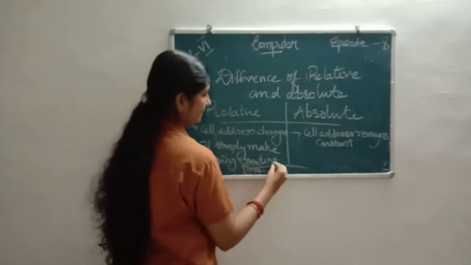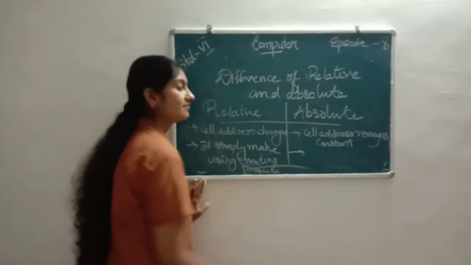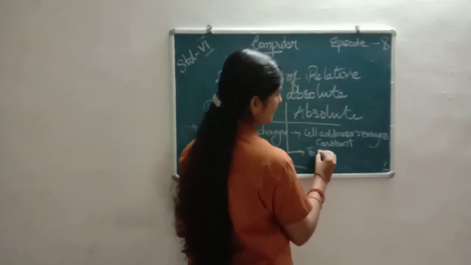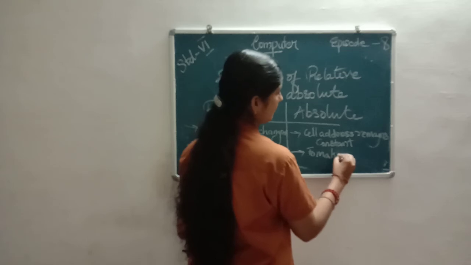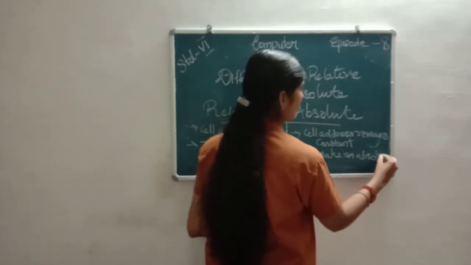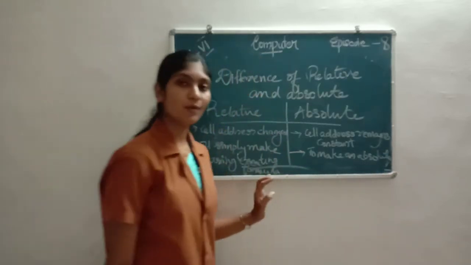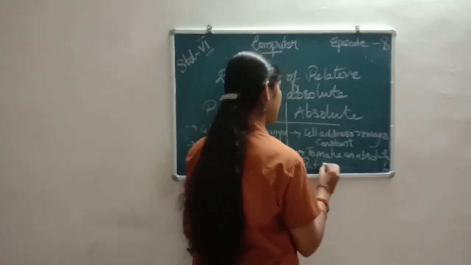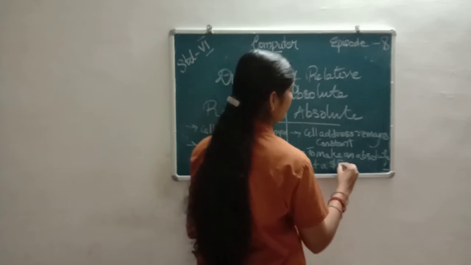Here, to make an absolute referencing, put a dollar symbol before the row and column address. Put a dollar symbol.